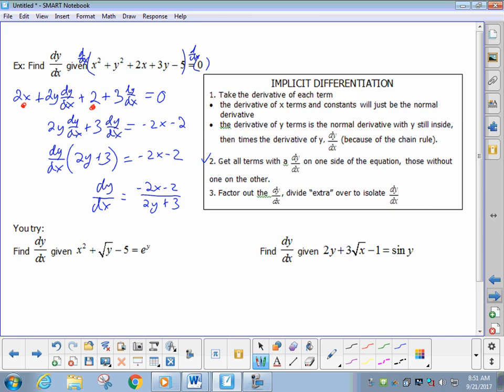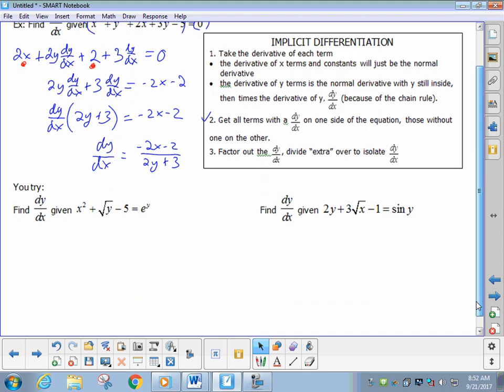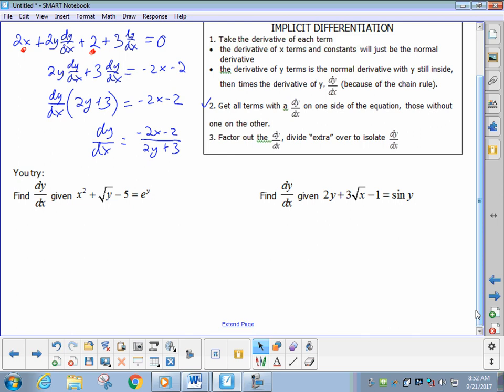All right. Try that first one on your own, and let's see how that goes. Like always, if you want to do a rewrite above it, that's a good idea.